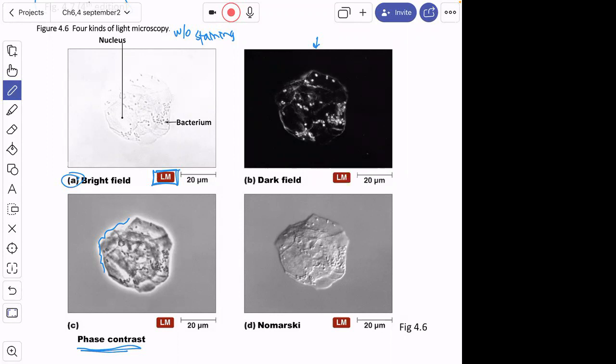There's another kind of phase contrast microscopy called Nomarski differential interference microscopy, or differential interference contrast. Sometimes we call it DIC, or Nomarski DIC. He must have been the guy that developed it.